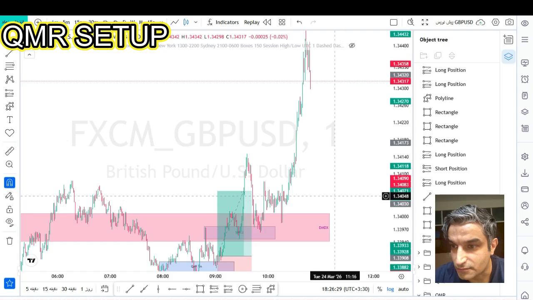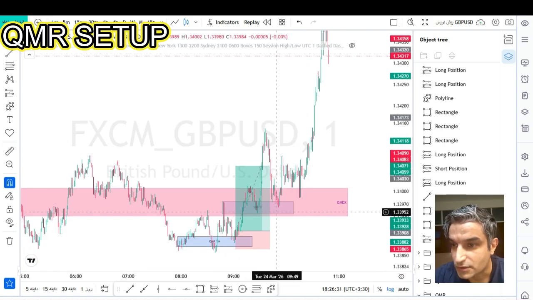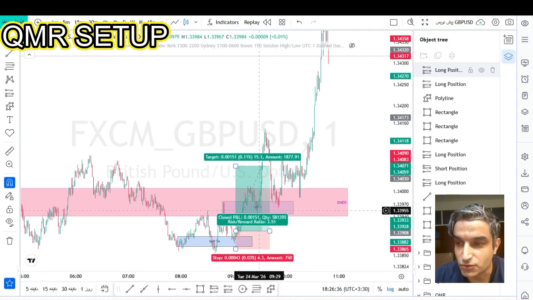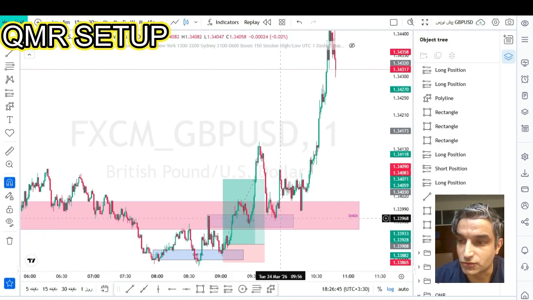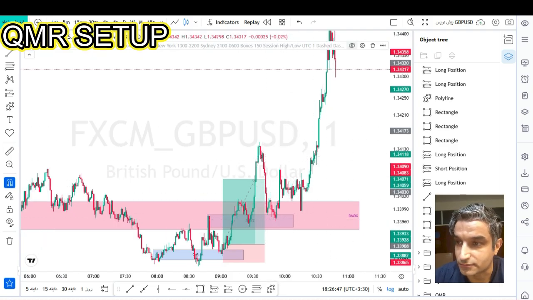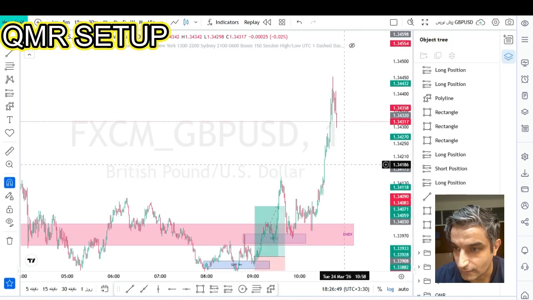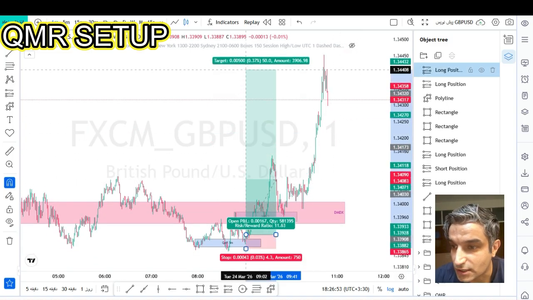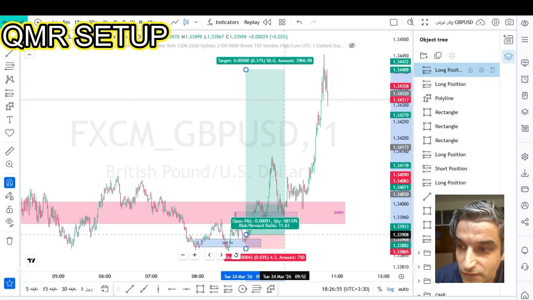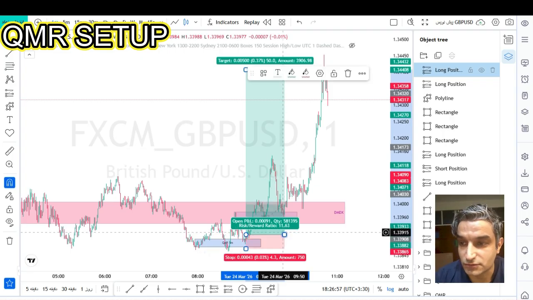Price came back to our SNR2 area. This is another setup. It has a reaction to that area and goes up. And if we stay with the price, as you see, our risk reward ratio will change to around 11.